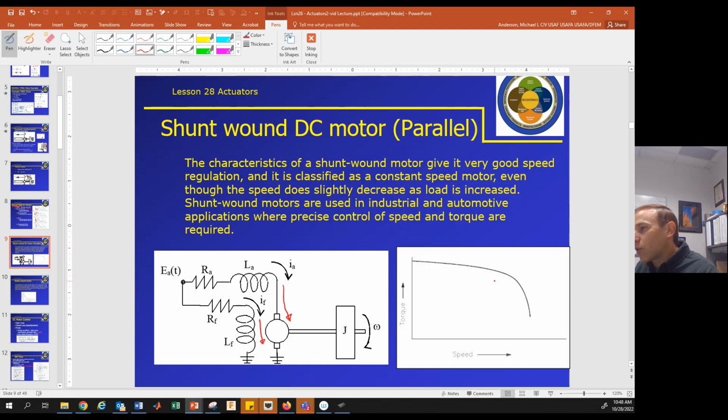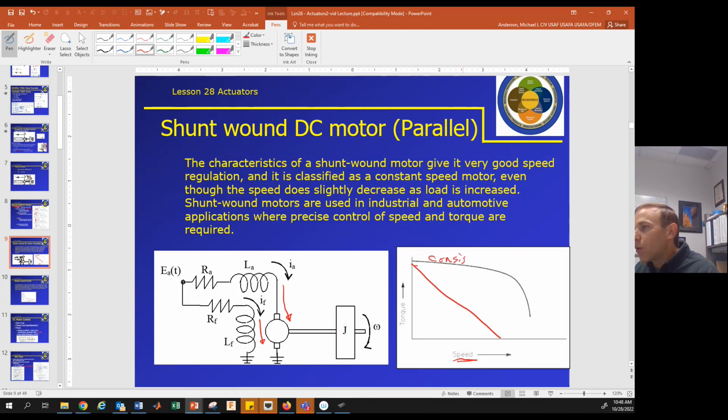Look at the shape of this torque speed curve. Normally for a PMDC motor, we expect a straight line, right? What we get here is a line that's fairly flat for a long range. So what this means is, for a wide range of speeds, we can get fairly consistent torque.